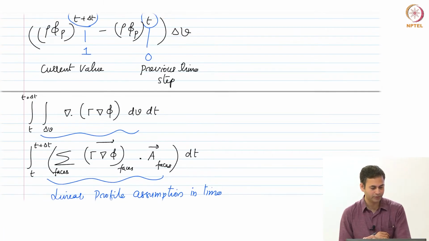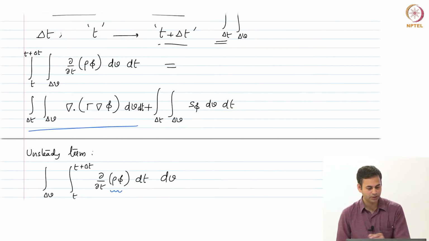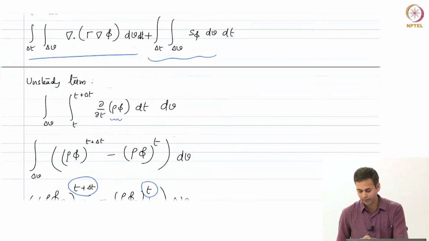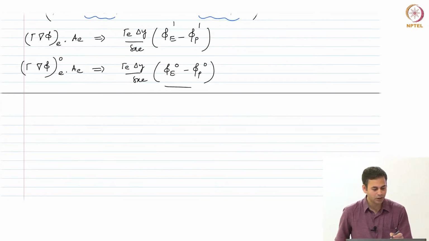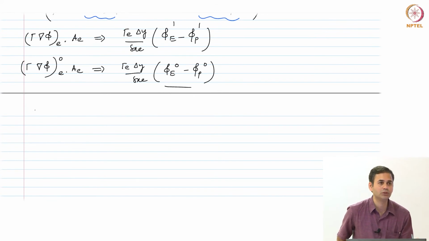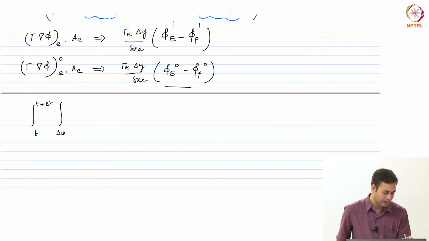What is the other term that is remaining in the equation? The source term. We have the source term which needs to be also considered. Similar to the diffusion, we will assume that the source term also has a linear variation in time. Essentially, that means the integral from t to t plus delta t over volume of SC plus SP phi p, which I would write as the integral of S dV dt.